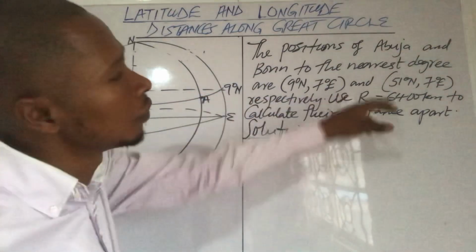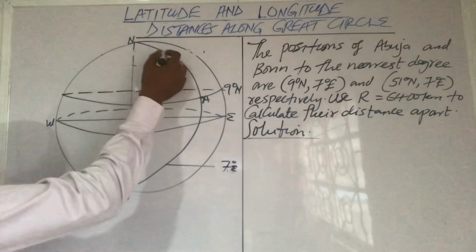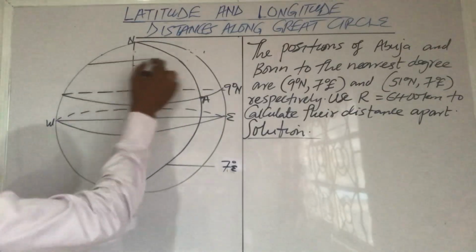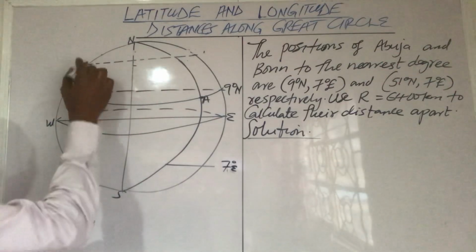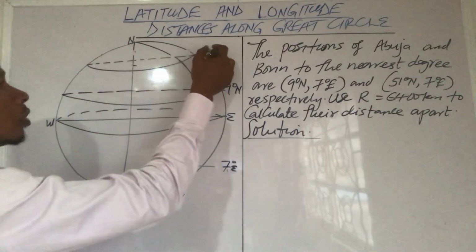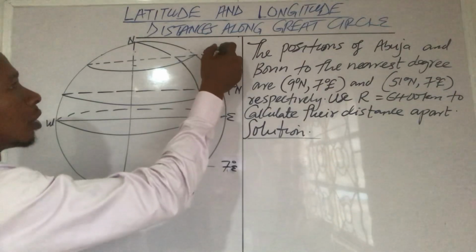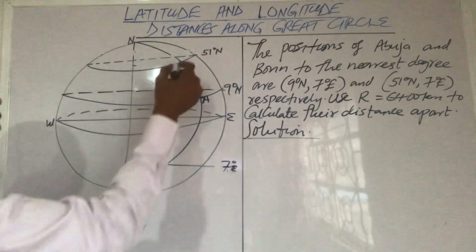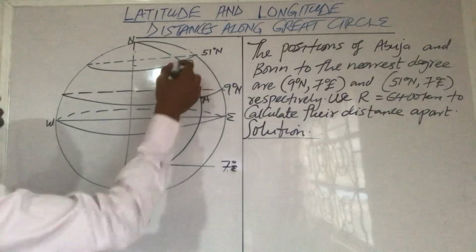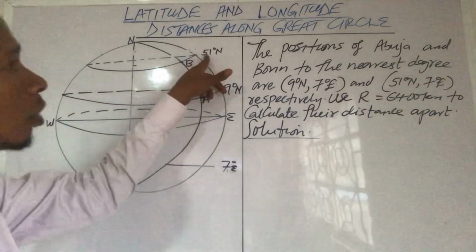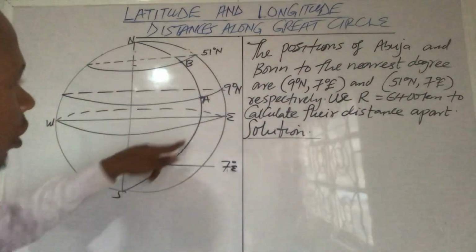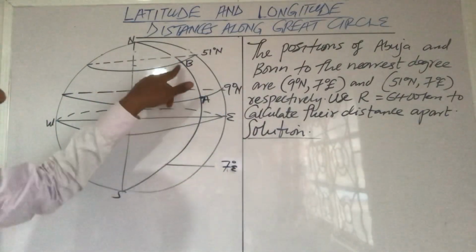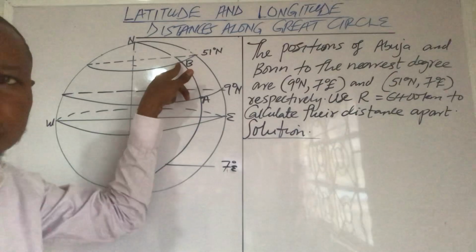And 51 degrees will be the upper part now. This is the 51 degrees north, which is Bonn, Germany. It's 51 degrees north, 7 degrees east. So it's still on this line. That's why this is Bonn now.